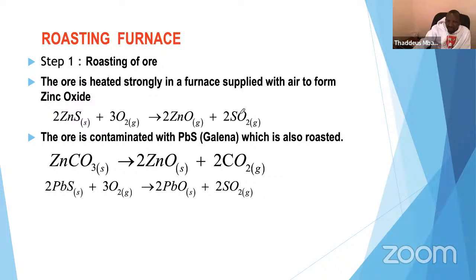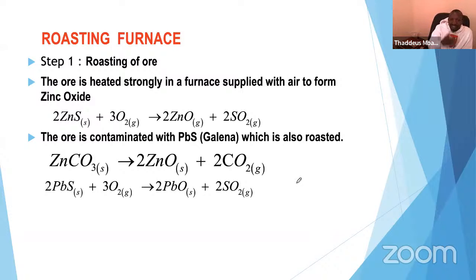Do you remember this kind of equation in manufacture of sulfuric acid? Exactly, whereby we can use metal sulfide as the starting materials. Because the idea is to get sulfur dioxide. So if it is zinc carbonate, then you heat the carbonate to get zinc oxide plus carbon dioxide.